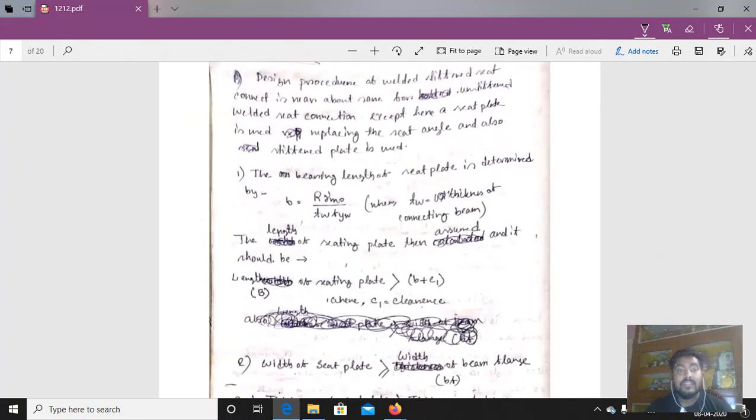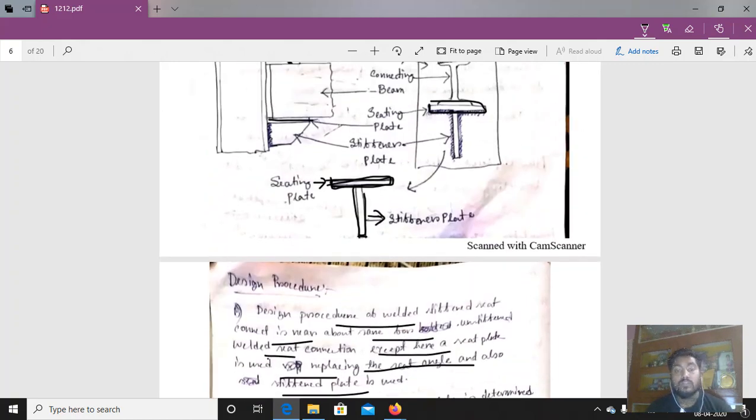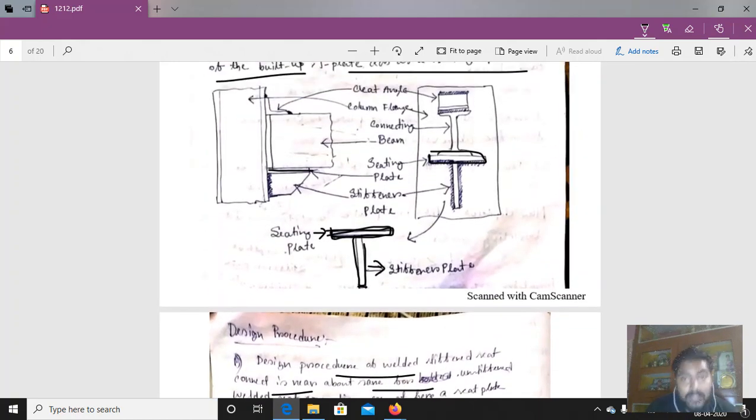Now the design procedure. The design procedure of the welded stiffened seat connection is nearly the same as for the unstiffened welded seat connection, except that here a seat plate is used replacing the seat angle, and also a stiffener plate is used. So the only difference is that in place of a seat angle, a seating plate and a stiffener plate, that is the combined built up T plate, is used.